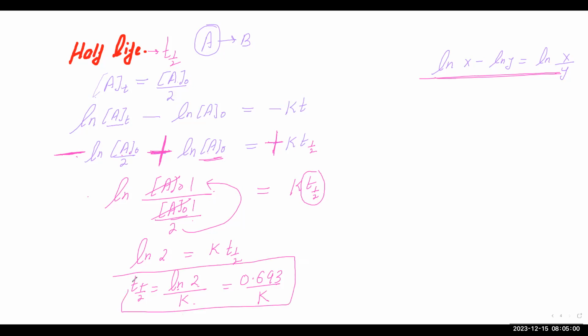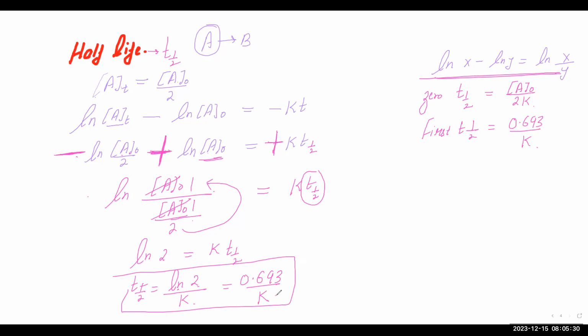Now I have a few questions based on this equation. You remember the half-life of zero order kinetics? You remember the equation? Was the initial concentration over 2K? Now this is first order. t half is 0.693 over K. Let's see the difference.